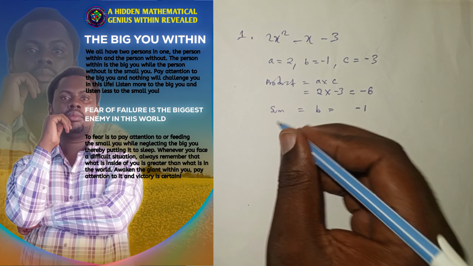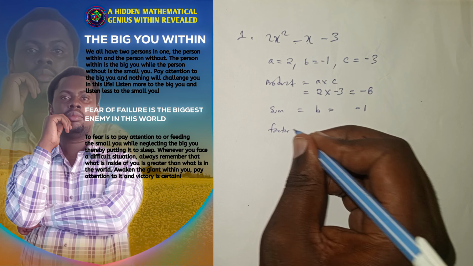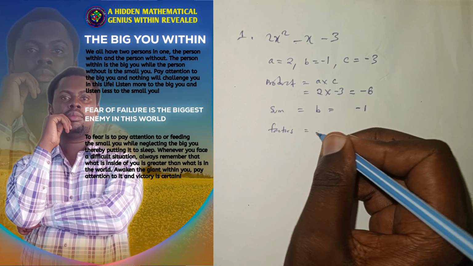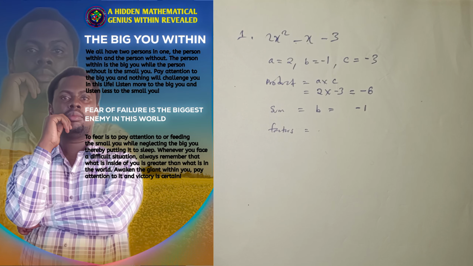So now we need to find two factors. When you multiply them, you should get the product, -6. And when you add or subtract, you should get -1.